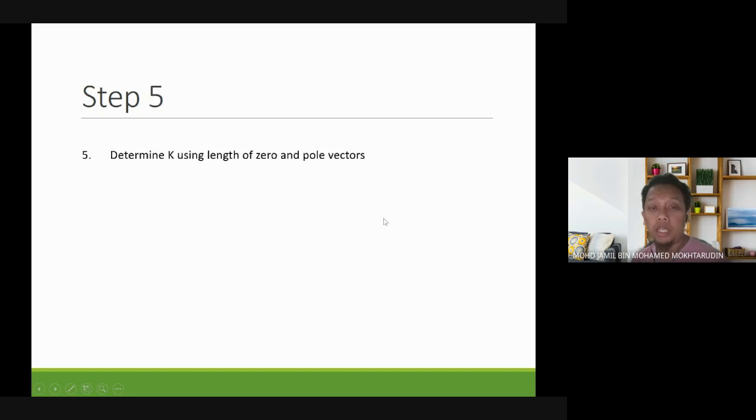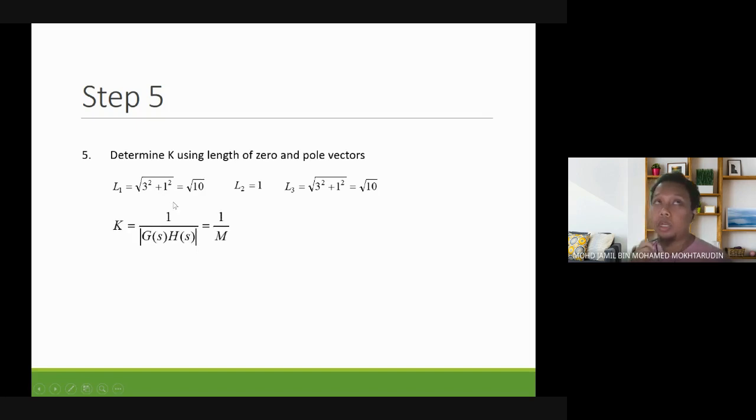And then to determine the k, we use the lengths that we have calculated. Similarly, when you have the angles, you add and minus, okay? But for k, you have the lengths, you need to multiply. So we use the one that I explained on Monday. L1 is the length of a pole, similar to L3, the length of the pole. L2 is the length of the zero. So we find the product of the lengths of zeros divided by the product of the lengths of poles.